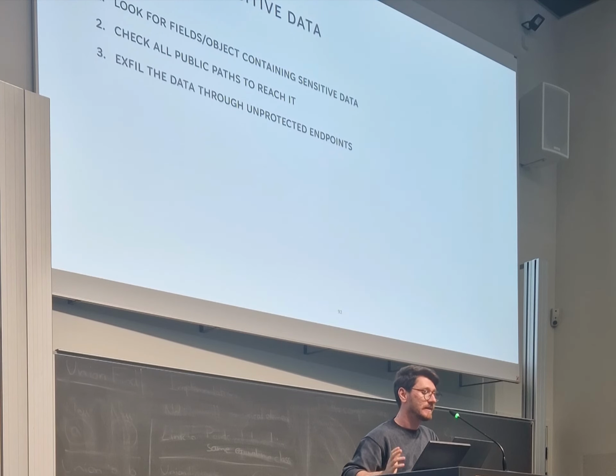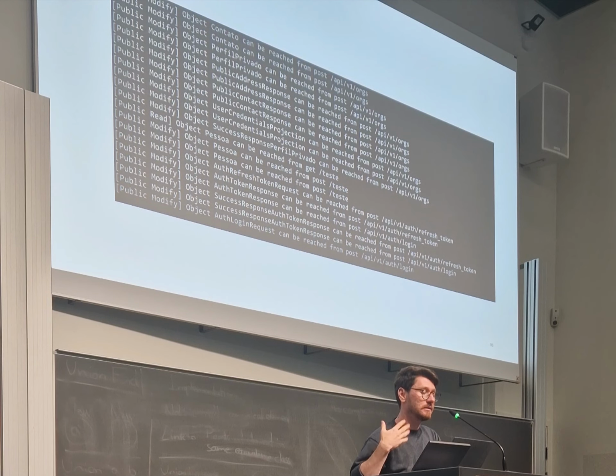Another type of attack that I would look for using this tool would be paths to sensitive data. So what we want to do is find an object or a field that contains sensitive data, and then if the API needs authorization, check all the paths that don't enforce it, and then exfiltrate this data through the unprotected endpoints. So I also wrote the Neo4j query and the scripting part for it.